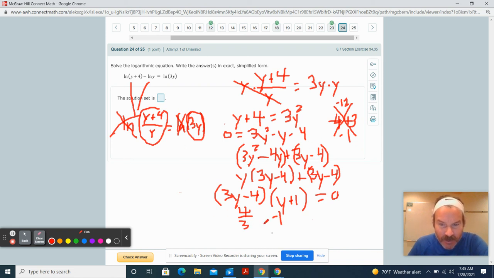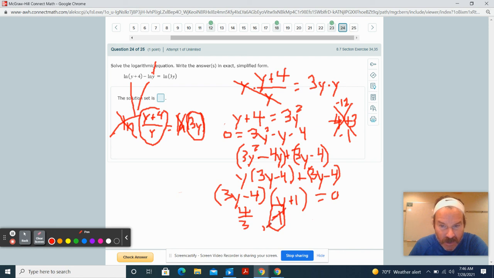Now, we have to be careful. Sometimes the equations have 2 solutions. Sometimes they have 1 solution. Sometimes they have no solutions. It all depends on, does any of these solutions that we got make what you're taking the log of negative? See, if we put a negative 1 right here, that's going to be the natural log of negative 1, which cannot be done.